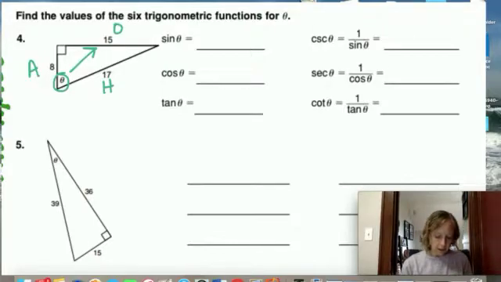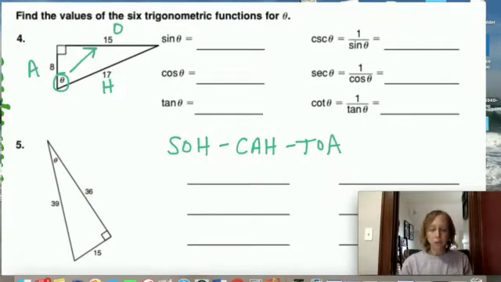Sometimes what's helpful for me is to write SOHCAHTOA on my paper so that I remember that sine is opposite over hypotenuse, cosine adjacent over hypotenuse, tangent opposite over adjacent. We call that SOHCAHTOA.